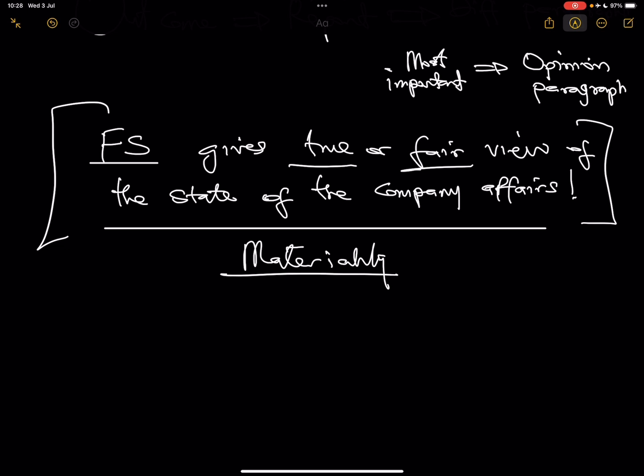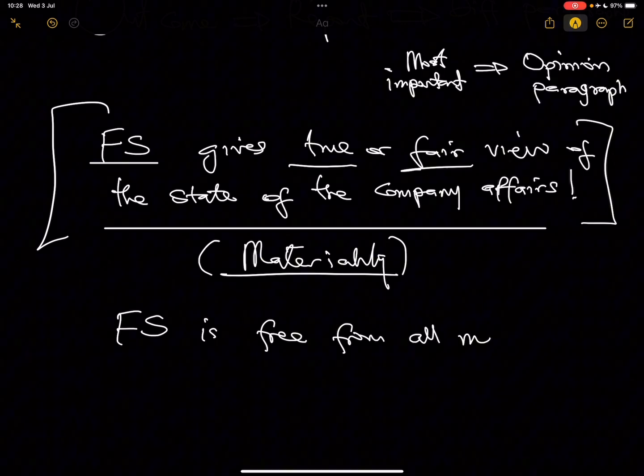We only look at material items. So the opinion saying the financial statements give a true and fair view is based on materiality. Another way to put it is that the financial statements are free from all material errors. That is the same thing they are saying.